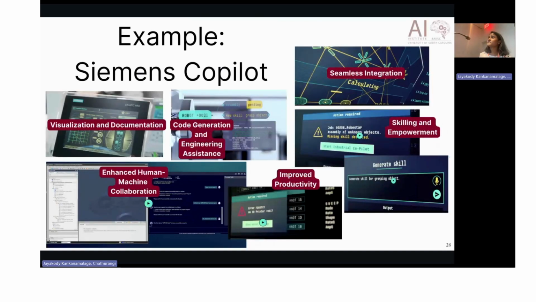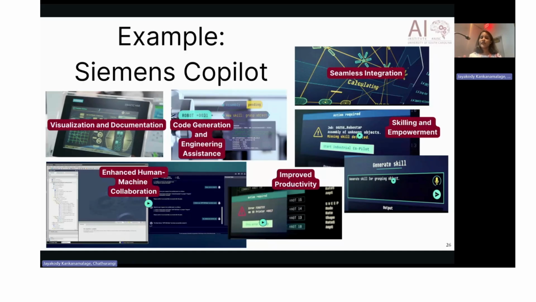So this Siemens CoPilot is a popular and first most implemented CoPilot within manufacturing systems. It is an interactive CoPilot that enabled multiple visualization and documentation capabilities, and it was able to integrate seamlessly with the existing systems at Siemens. It was very good in generating code, and it supported a multiple range of engineering assistance.